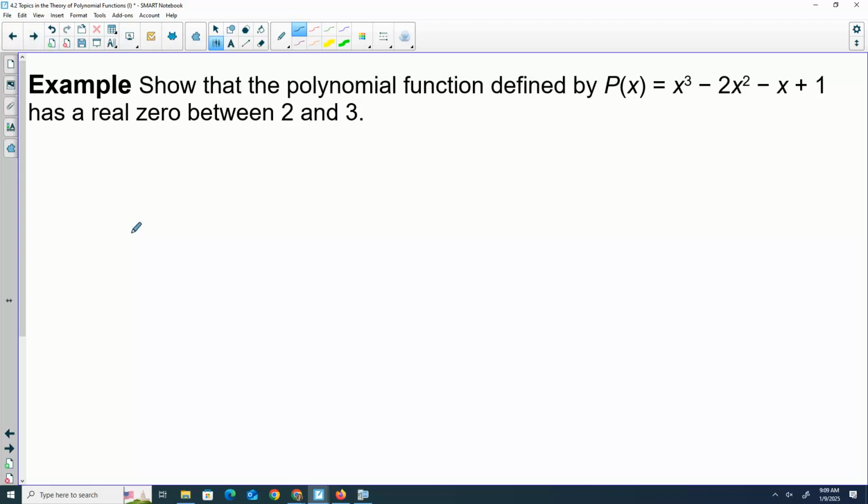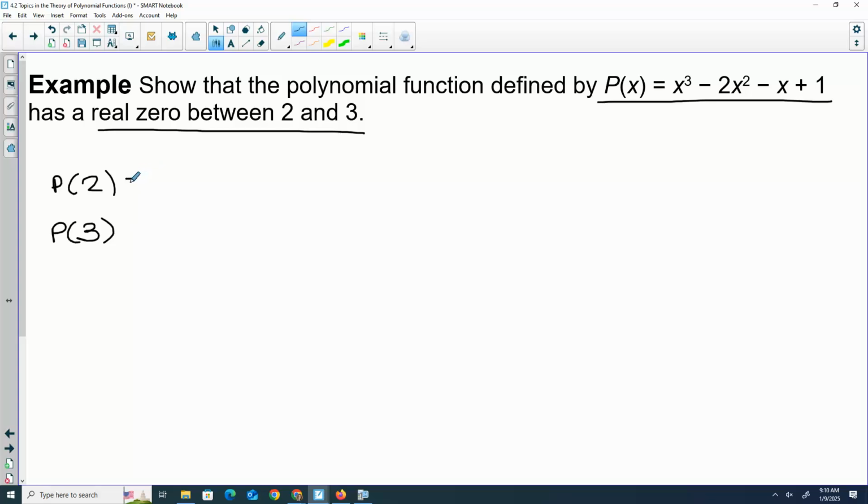So here is a polynomial. I want to show that it has a 0 between 2 and 3. So what we're going to do is we are going to plug a 2 into this equation, and we are going to plug a 3 in.